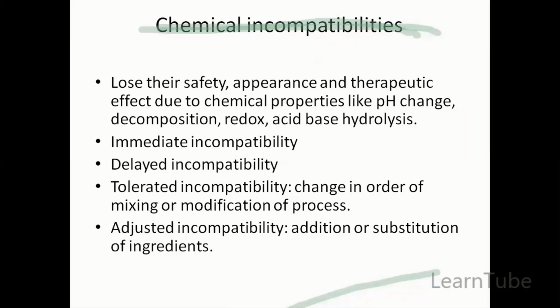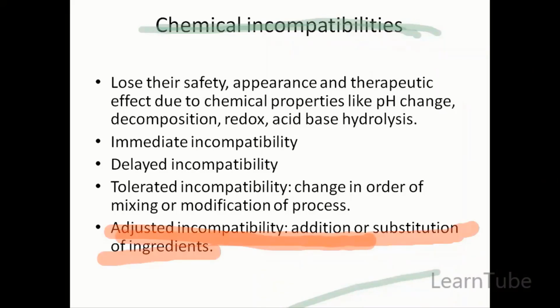Say for example, you are mixing some ingredient A in alcohol first, and then that whole mixture you are mixing in water. So what you will do is change the order. Instead of mixing that particular substance in alcohol, you will mix that substance in water, and then add alcohol. You change the order of mixing. Are you getting it?